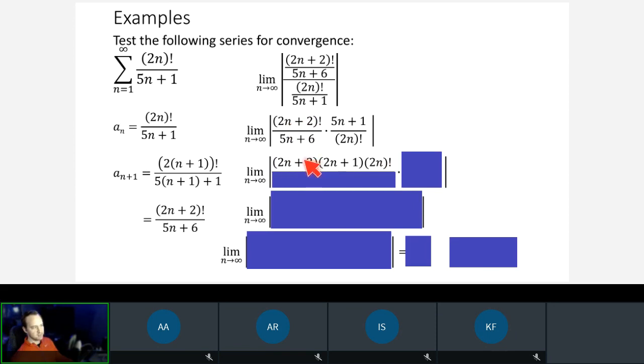So you have this factor times the factor minus 1 times the factor minus 1 factorial. And I could keep going. I could do 2n minus 1 next, but I don't need to because I want the factor to look like this, which I now have matching factors. So, jumping ahead a little bit, I can now cross this factor out and this factor out. And that was the goal, to get rid of the factorial.